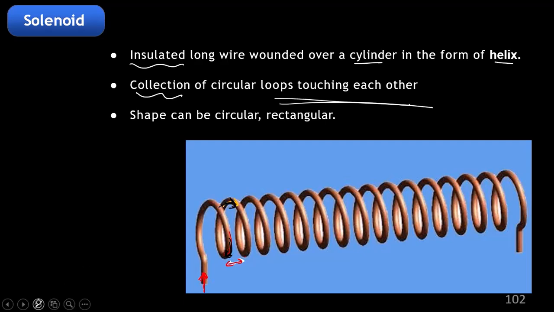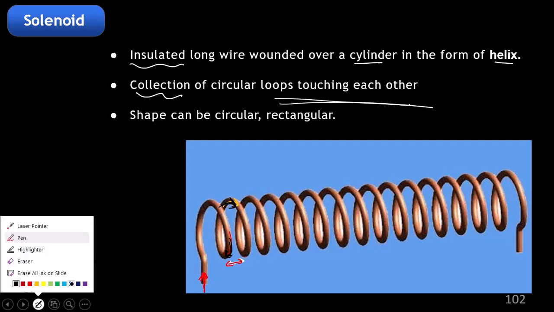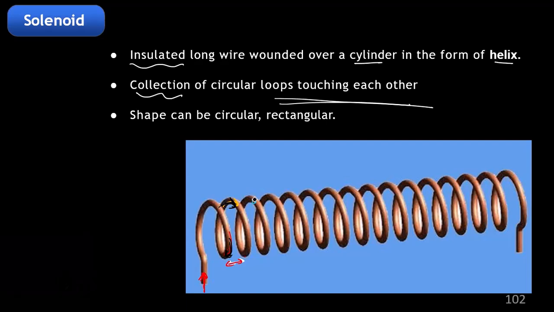For all the upper points, this point, that point, this point, the current is moving out of the plane, and these are represented by a dot. And these are the points from which the current is going into the plane, so these can be represented by a cross.